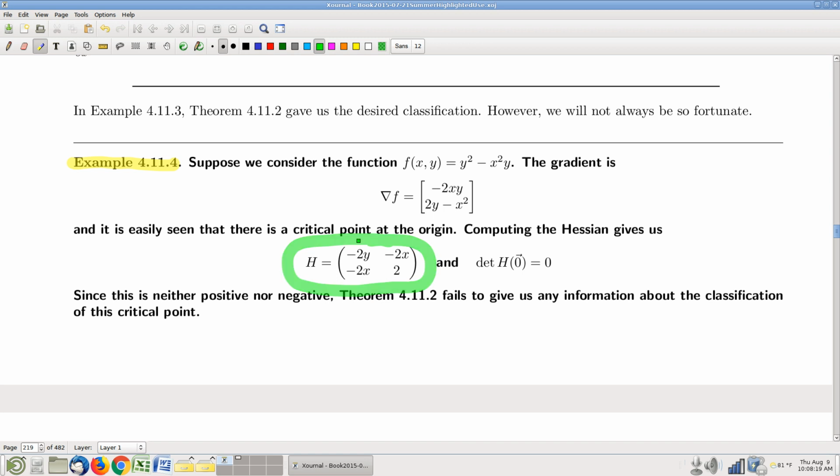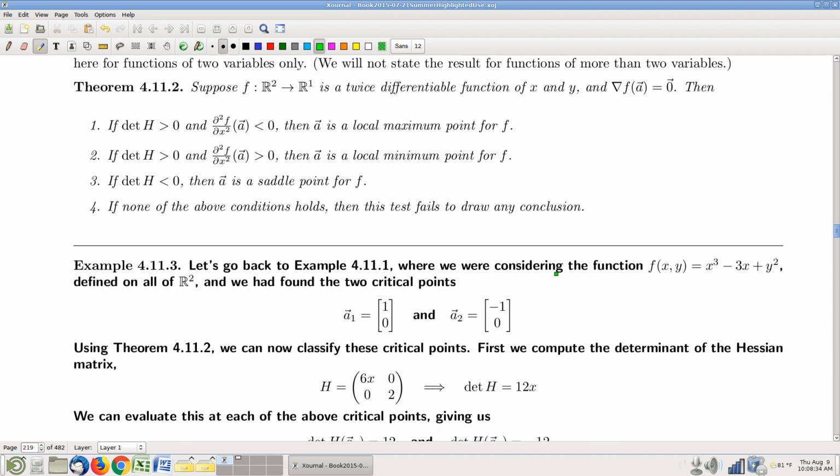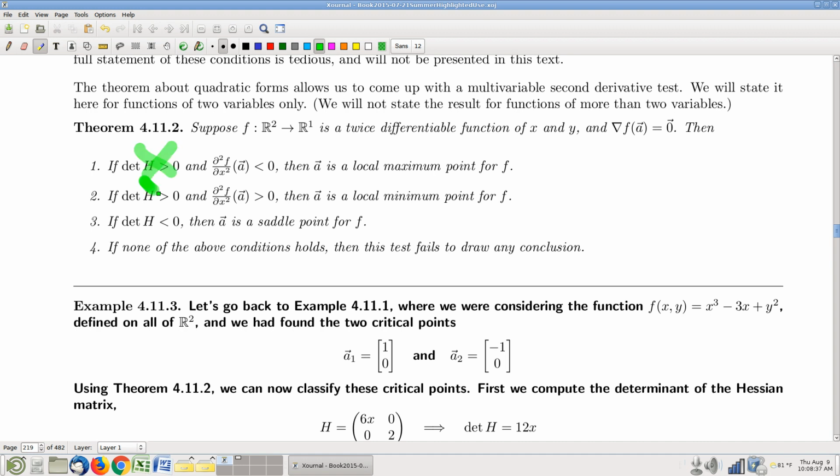So that's more partial derivatives. Write down the partial derivatives, assemble as a matrix. The determinant at the origin, where x and y are both equal to 0, is 0. Well, the determinant being 0, none of the above conditions holds. So the test fails to draw any conclusion.